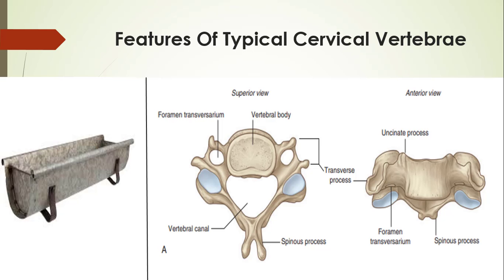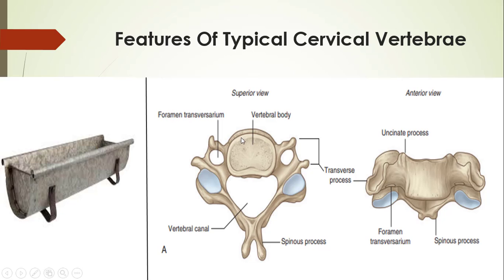Now let's talk about the typical cervical vertebrae. Remember, what was the characteristic of cervical vertebrae in general? They share their small size and the presence of foramina transversaria. But the typical cervical vertebrae share the following characteristics. Let's talk about the body, then the transverse process, then the spinous process, and the vertebral foramen.